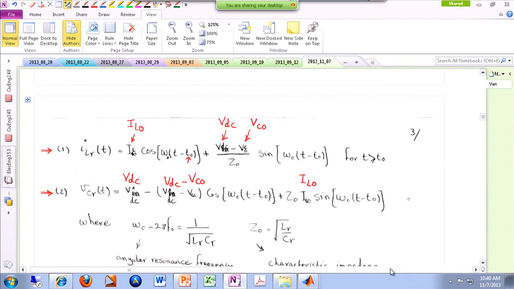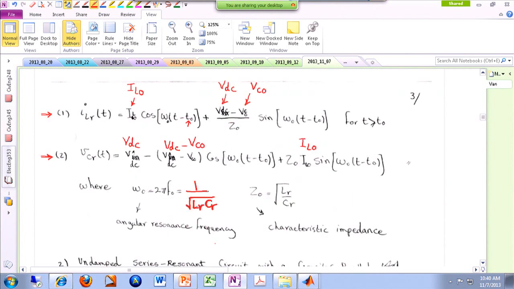And by the way, omega naught is defined to be 1 over the resonance frequency between the resonating inductor and the resonating capacitor. The resonating inductor was called LR, and CR is the resonating capacitor. And omega naught is 1 over the square root of these two multiplied by each other.